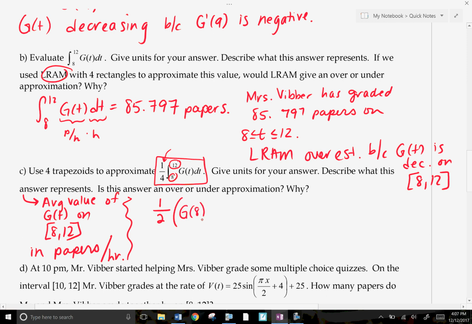So that's going to be g of 8, 2 g of 10, 2 g of 11, and I forgot 9, 2 g of 9, and a g of 12. Because remember, when you do trapezoids, you double the innards and you keep the outsides single.